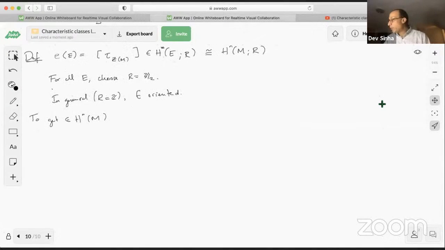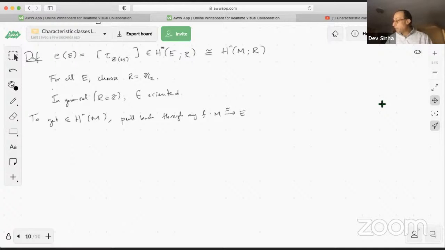What you can do is you can pull back this cohomology class through any F from M to E, which is a homotopy equivalence. Well, that's just true.